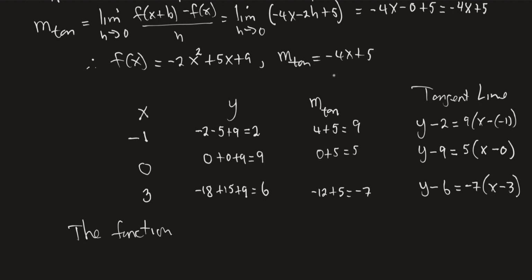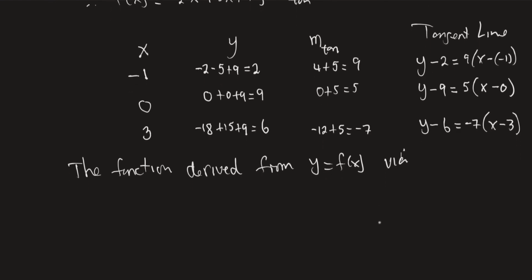It just gives us a different bit of information. So the function, and I'll use this particular word, derived from y equals f of x, right? It started out this way. Derived from y equals f of x via our limit, right?